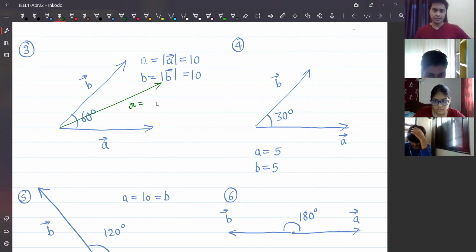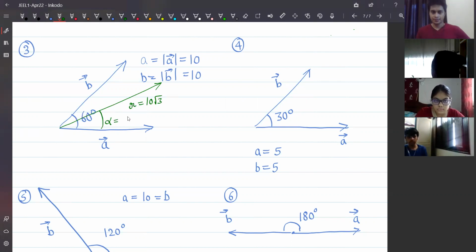Vaishnavi, what's your answer for question number 3? 10 root 3. It's root 300, that is 10 root 3. Okay. And what's the value of alpha, Kushagra?